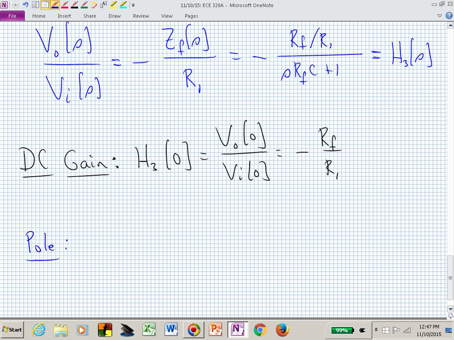How are poles defined? When the denominator vanishes or equals 0. If we do that, we have s R sub F C plus 1 equaling 0. If I solve that for s, I now have a pole at minus 1 over R sub F C.